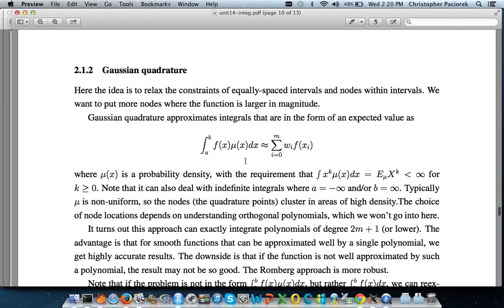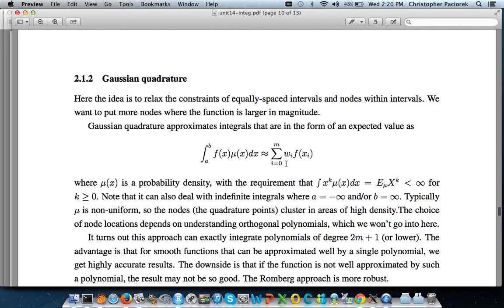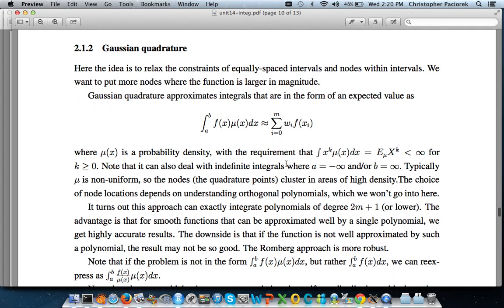But the idea of Gaussian quadrature is that if you want to estimate this integral, and you notice this is an integral with respect to some probability density mu, that is, if you cleverly choose the points xi at which to evaluate the function and these weights wi, it turns out you can get a good estimate of the integral this way.